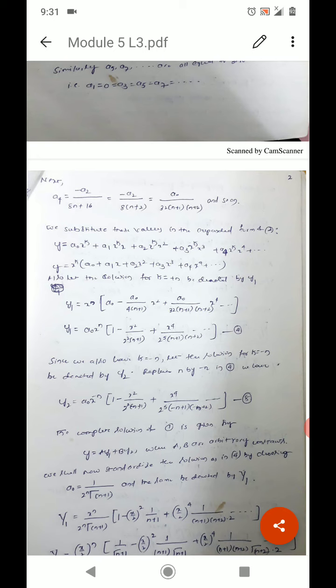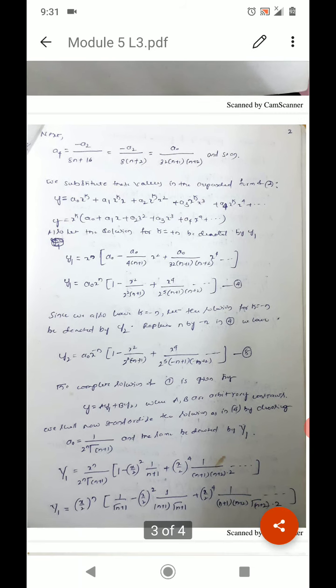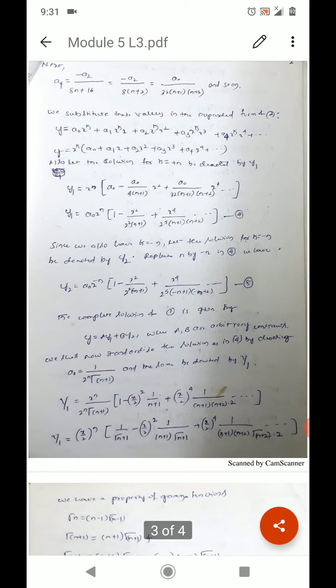This is the value of a4, etc. So take a naught as common, then y1 is equal to a naught into x power n of (1 minus x square divided by 4, which can be written as 2 square of (n plus 1), plus x power 4 divided by 32, which can be written as 2 power 5 of (n plus 1) into (n plus 2)). So this is equation 4.